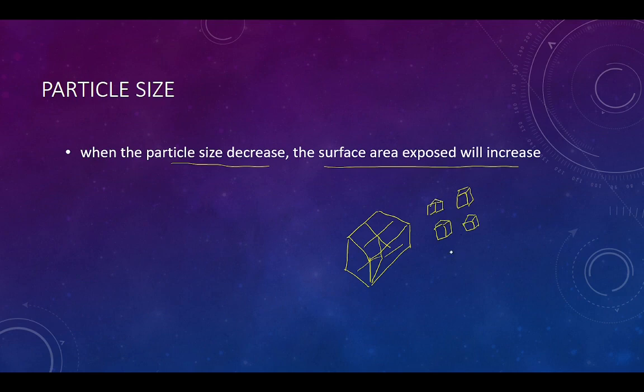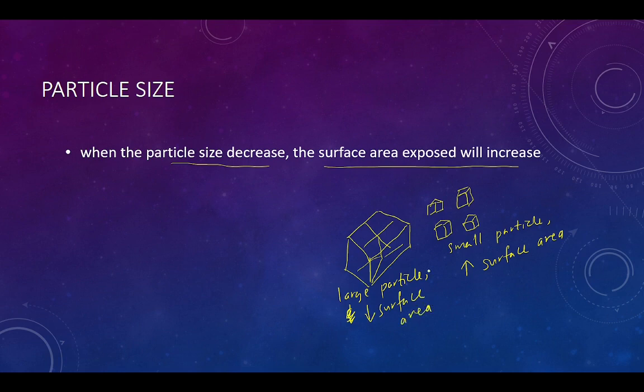Okay, I hope I drew it correctly. A small particle means that you have high surface area, compared to this one, which is a large particle, so it will have a lower surface area. So what happens when you have higher surface area exposed?